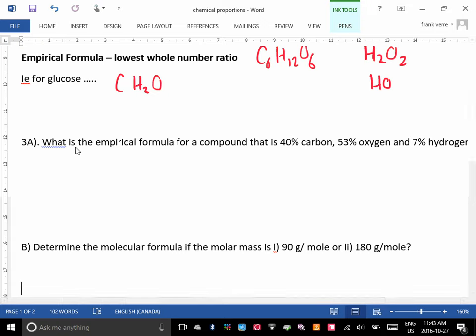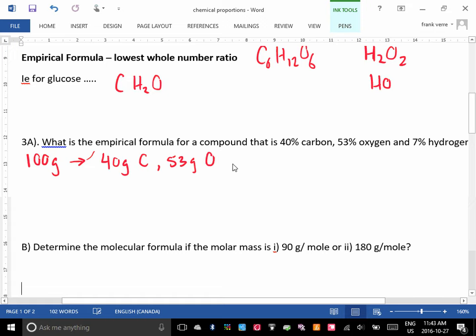So if I had 100 grams of this compound, then I would know that about 40 grams would be carbon, 53 grams would be oxygen, and 7 grams would be hydrogen, correct?